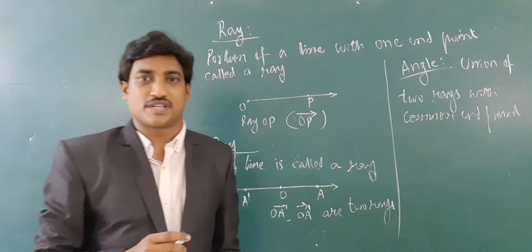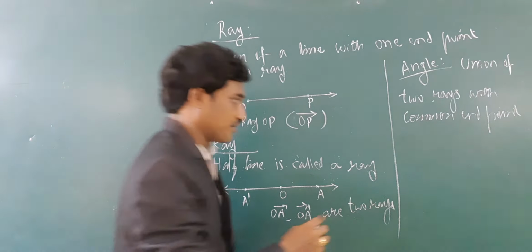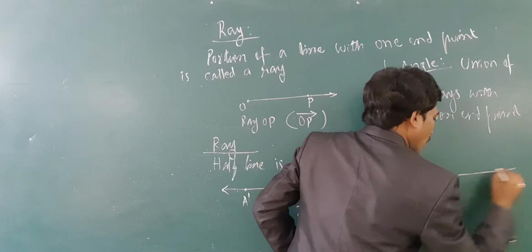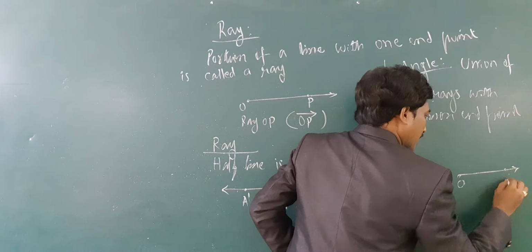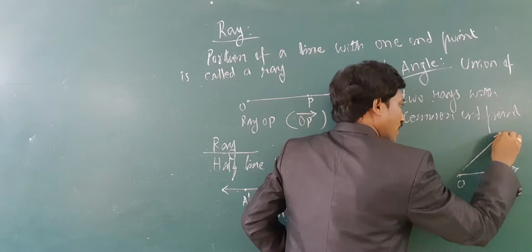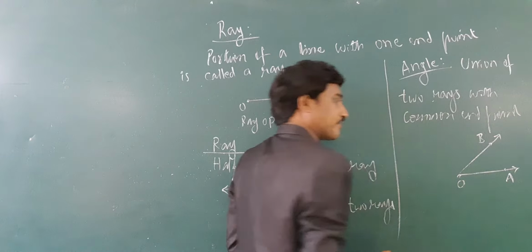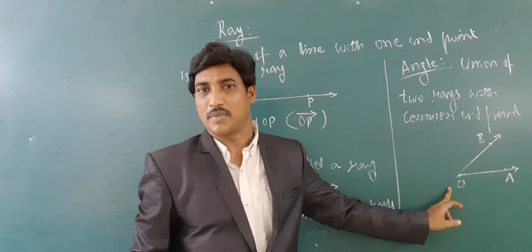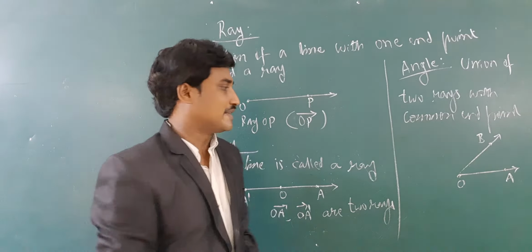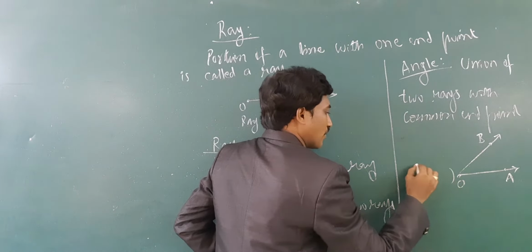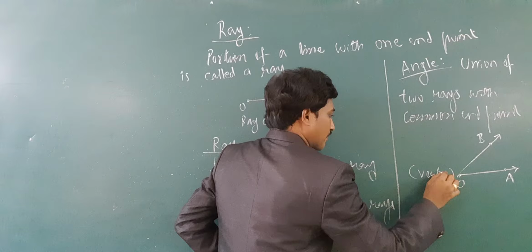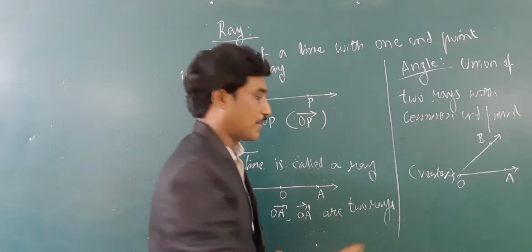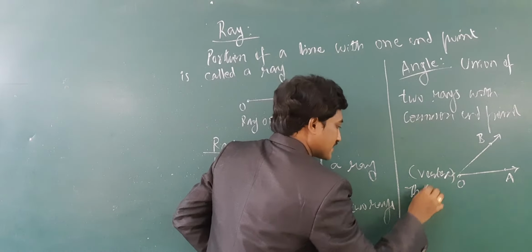For example, OA is a ray, OB is another ray. These two have one common endpoint O. This common endpoint is called the vertex.